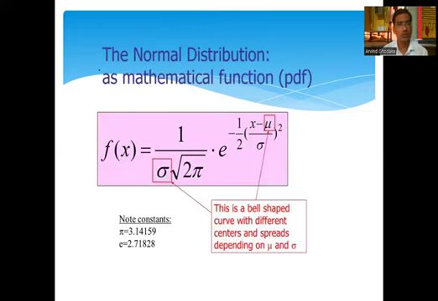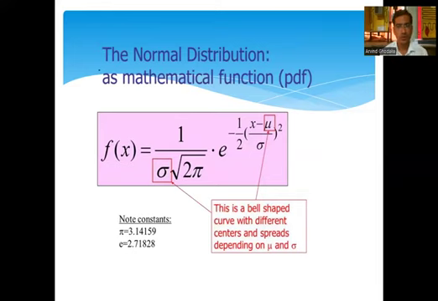The normal distribution curve has a mathematical function: f(x) = 1 upon sigma root 2 pi, times e raised to minus 1 upon 2 times the bracket (x minus mu upon sigma) squared.